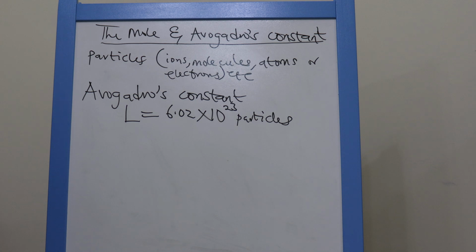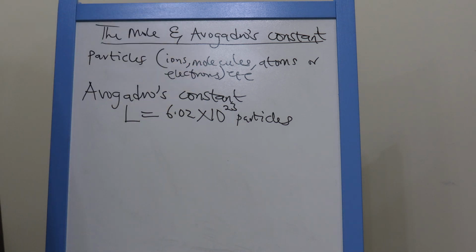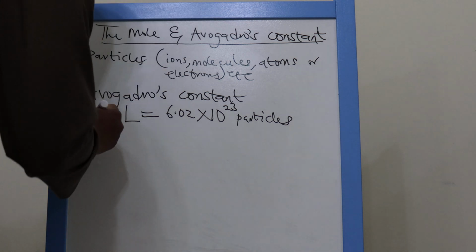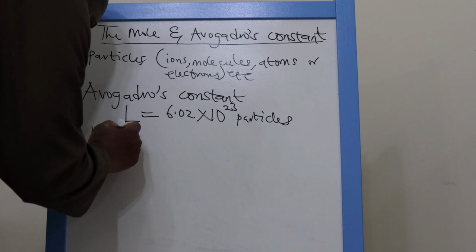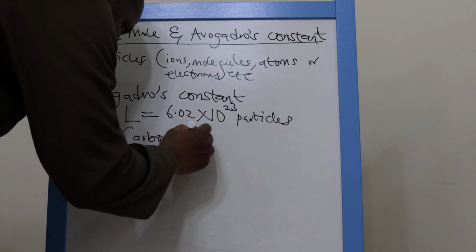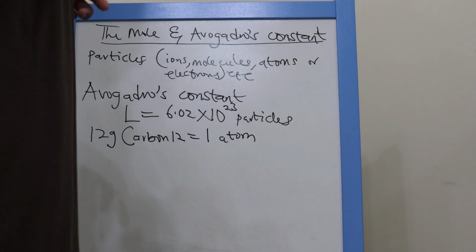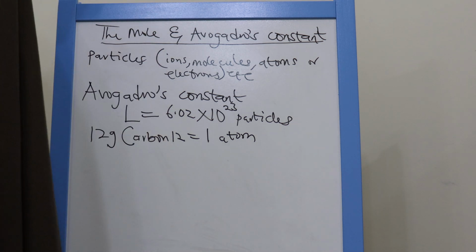Since a mole of a substance contains as many particles as there are in 12 grams of carbon 12, Avogadro's constant can also be defined as the number of atoms in 12 grams of carbon 12. Why we are emphasizing 12 grams of carbon 12 is that 12 grams of carbon 12 is equal to 1 mole always.